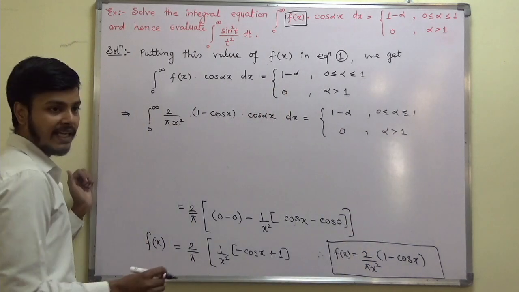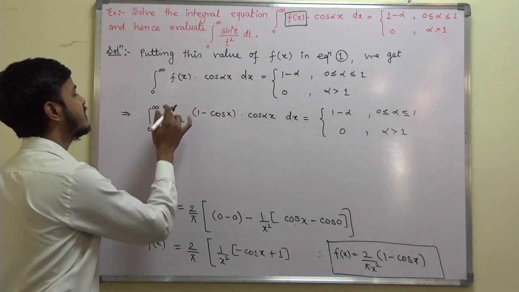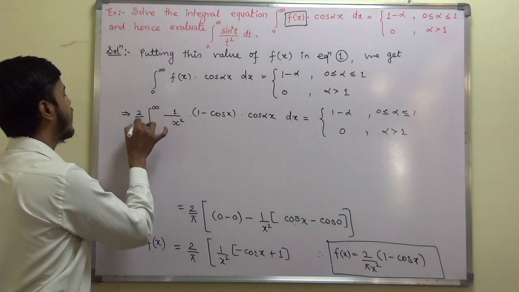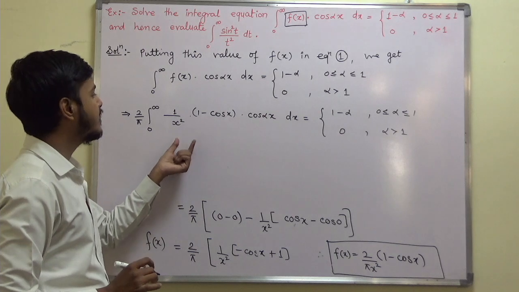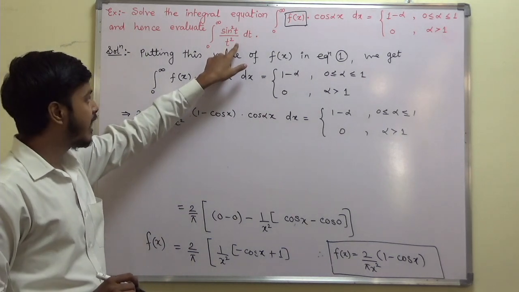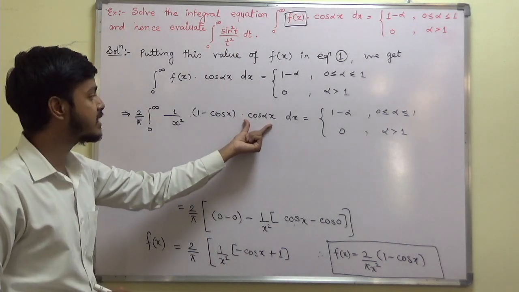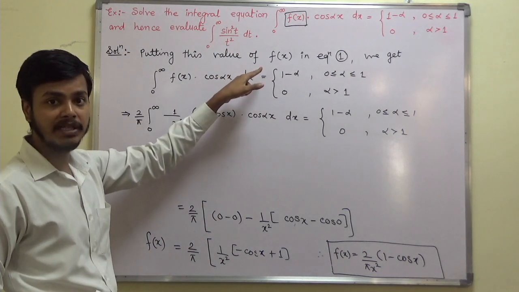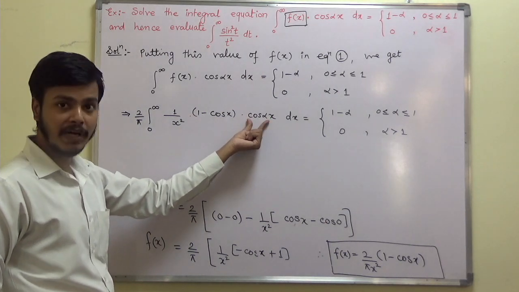Now what I can do is take this 2 by pi outside. So this is 1 by x square times 2 by pi. Now what I want in the solution is the value of this. I don't need this cos, so I can substitute alpha equal to 0, because in the answer I don't see any parameter. This is the term with the parameter alpha, so I need to remove the parameter alpha.